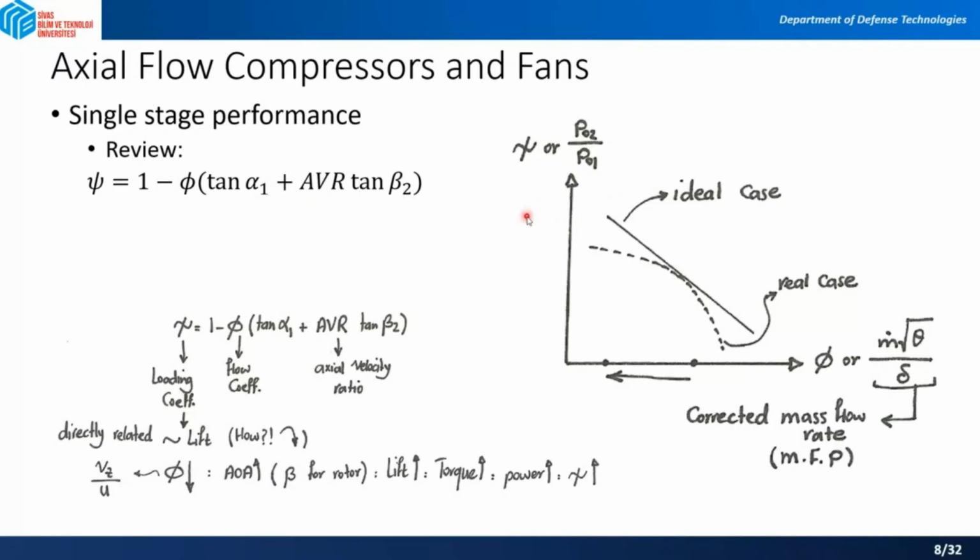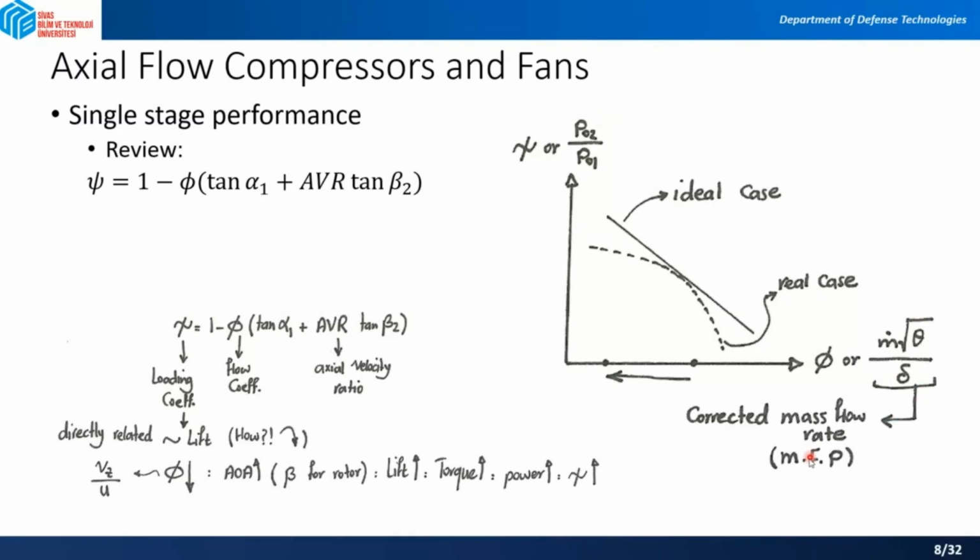If you just plot this psi versus your phi, you will come up with such a decreasing function. In the ideal case, it is a straight line, but in the real case, it is like this curve.